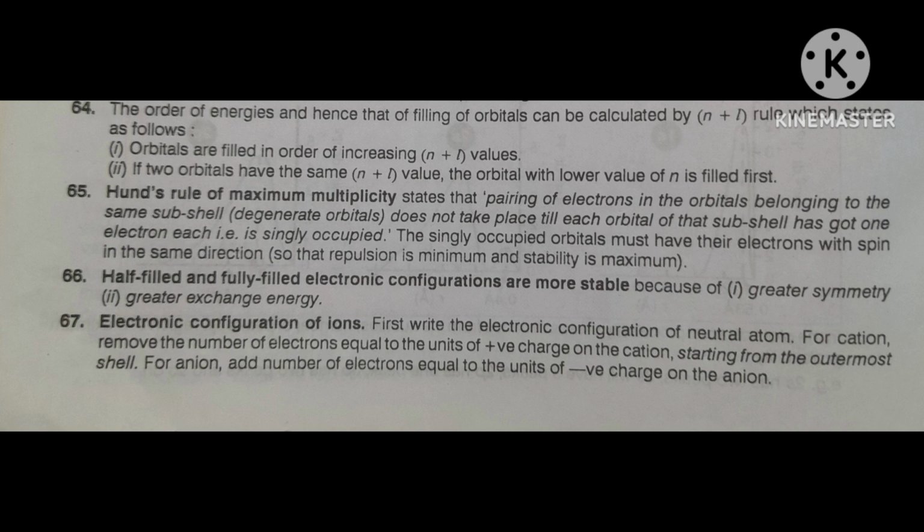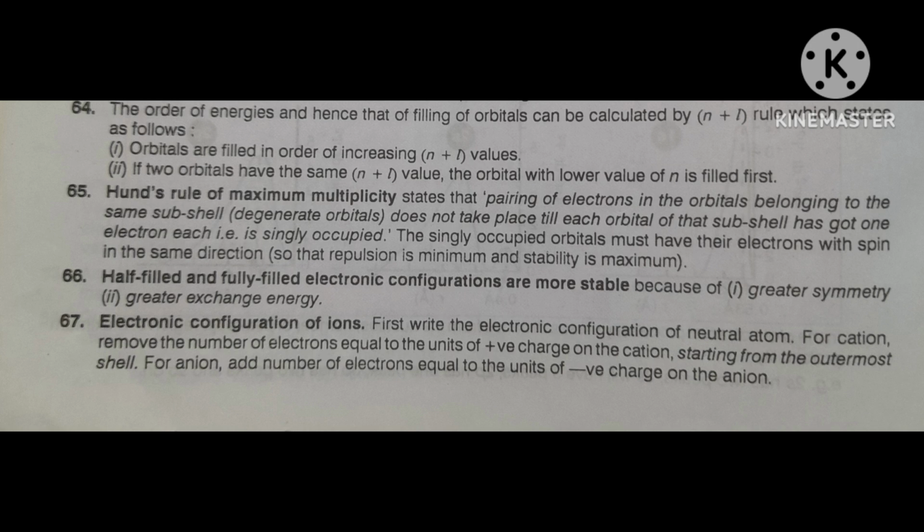The singly occupied orbitals must have their electrons with spin in the same direction. Suppose all are in the up direction, and after that pairing will start, then that electron will go down. That is telling about clockwise or anti-clockwise.